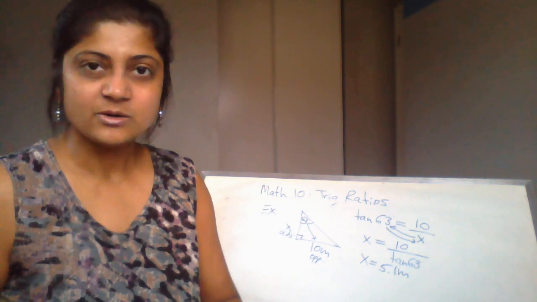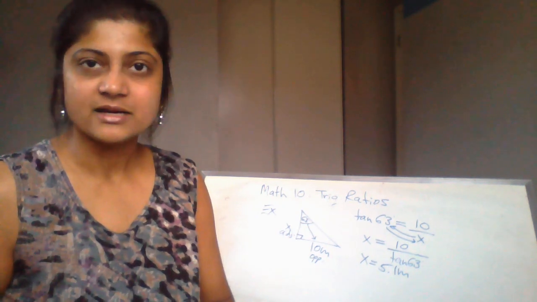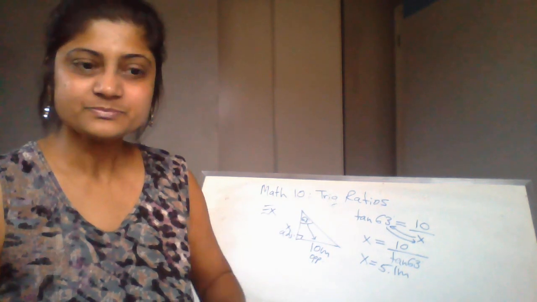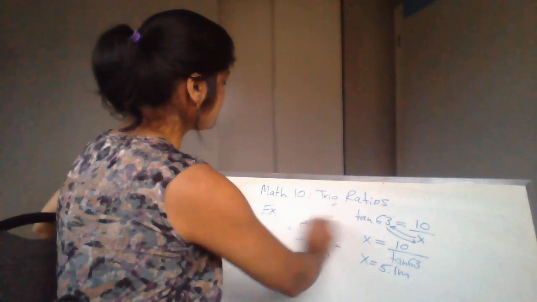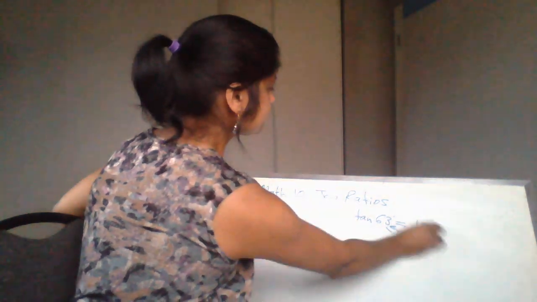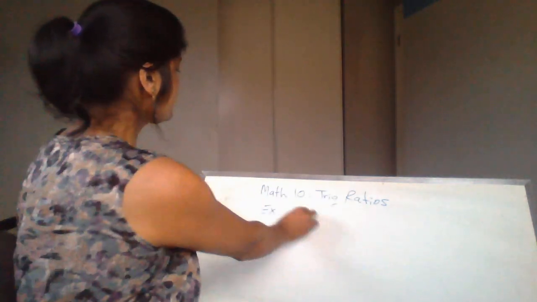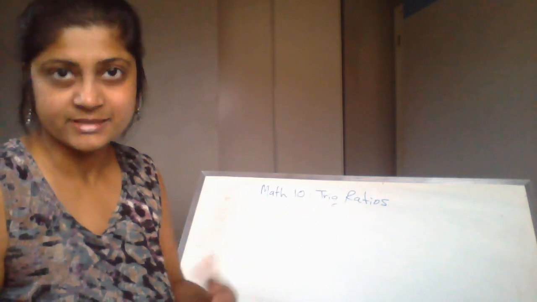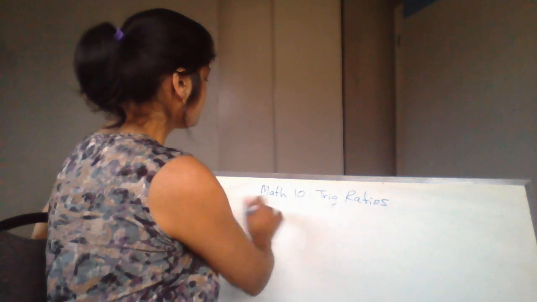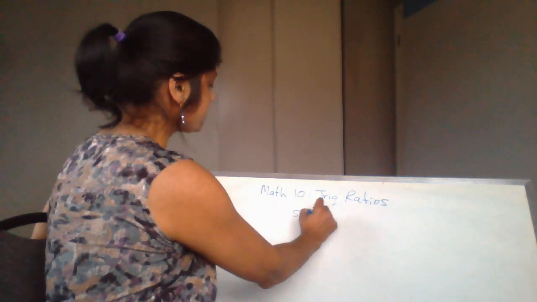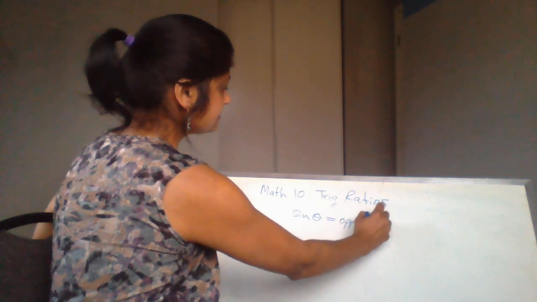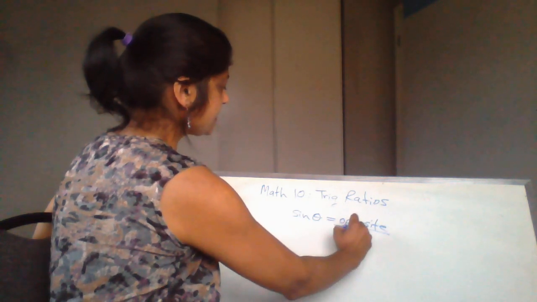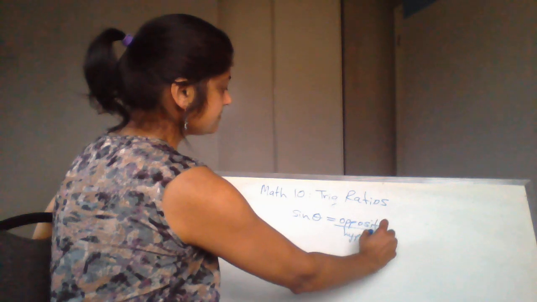Good. All right, so I want to go on to the sine and the cosine ratios. So first, maybe let's write out what the ratio is. This is just before we try an example of each of them. If you're looking for the sine ratio, it's equal to the opposite, again, divided by the hypotenuse.